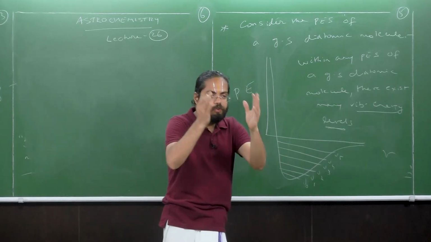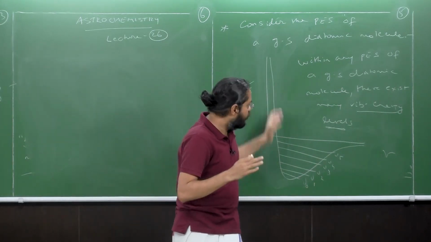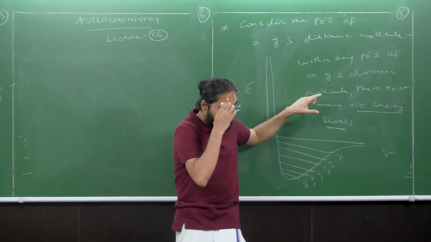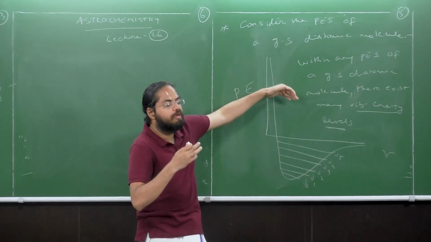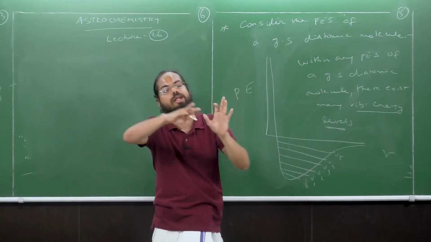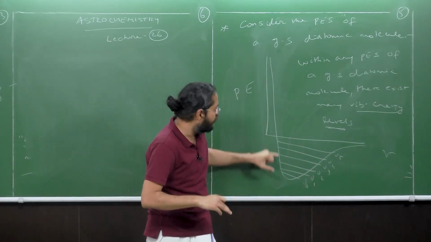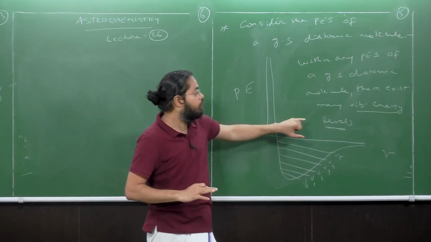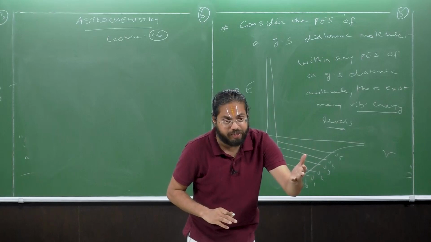Now, what did we see? We saw that there are going to be many vibrational levels within the electronic state. Of course, I've shown you the example of a ground state. The same is going to be true for an excited state also, but we'll look into that in a bit, okay? For now, there are many vibrational levels. Not just the vibrational levels, but there are also going to be rotational levels, right?